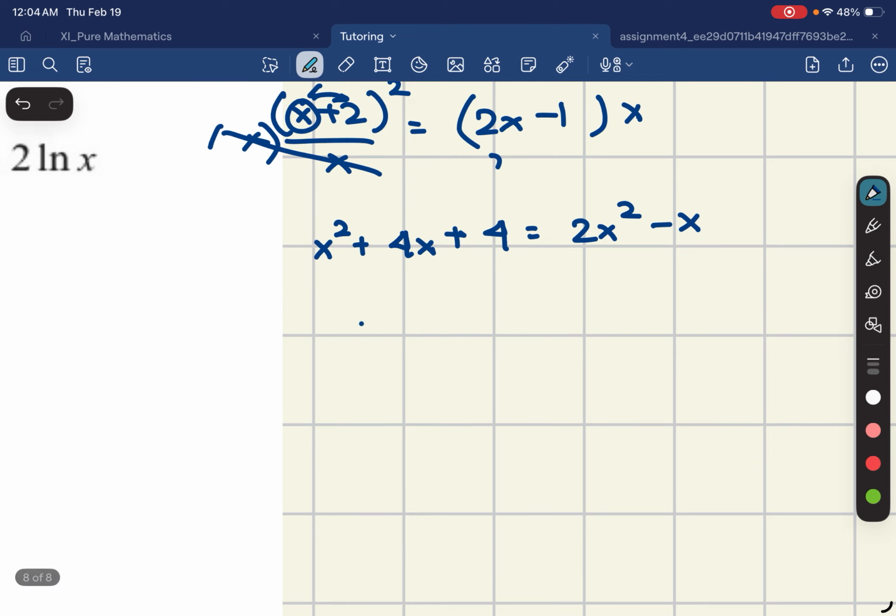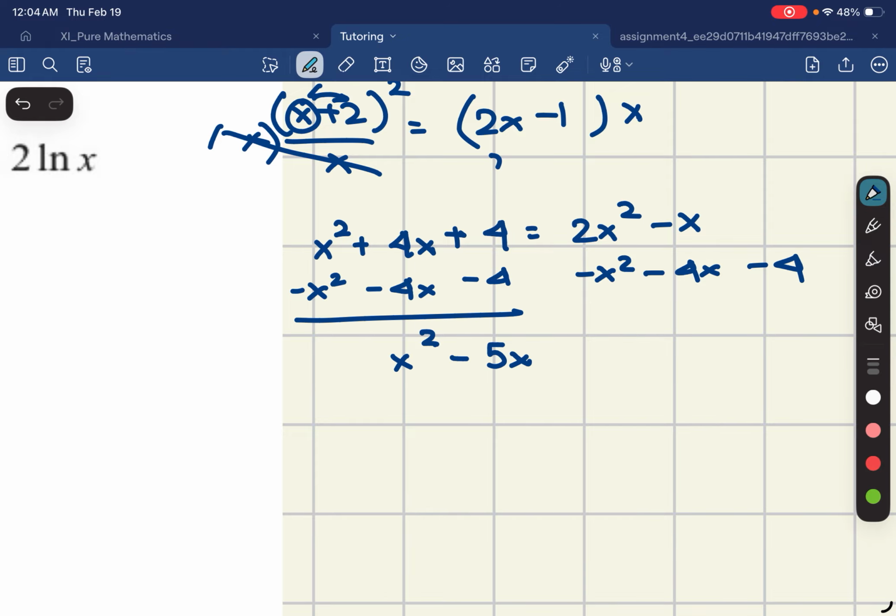So now I have 2x squared minus x squared. If I subtract x squared on both sides, I have x squared. I have 4x. If I subtract 4x on both sides, I have minus 5x. And minus 4 on both sides.